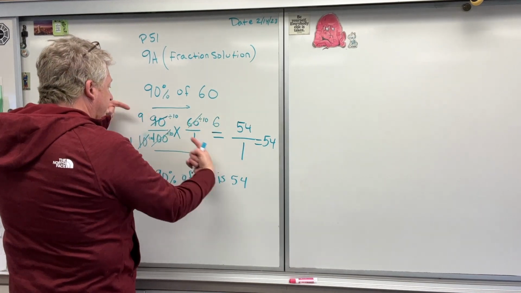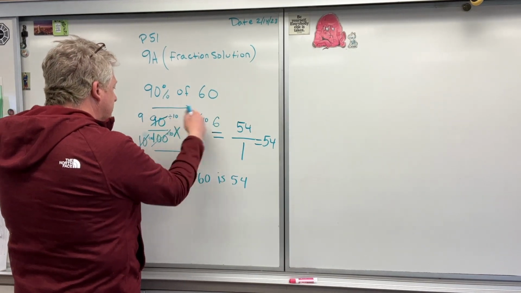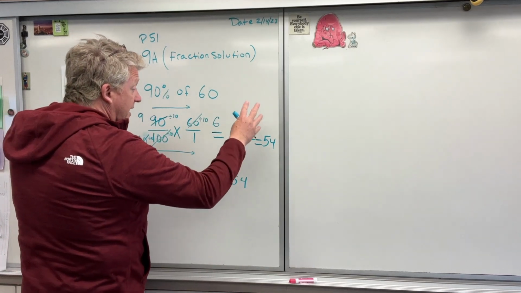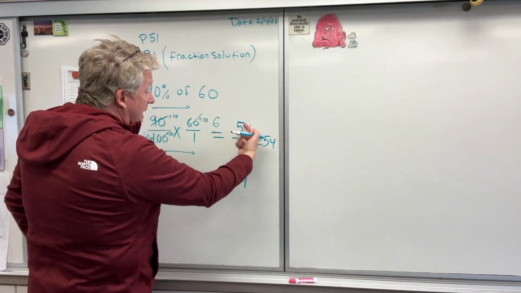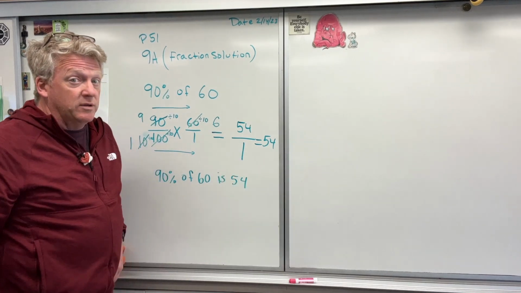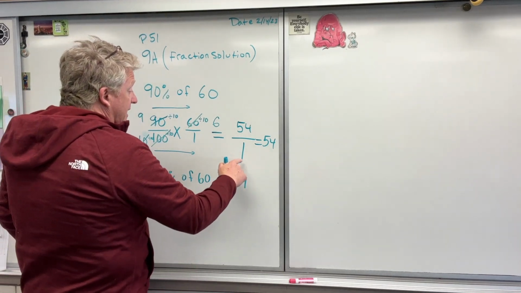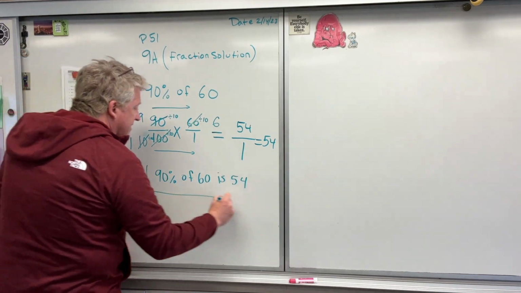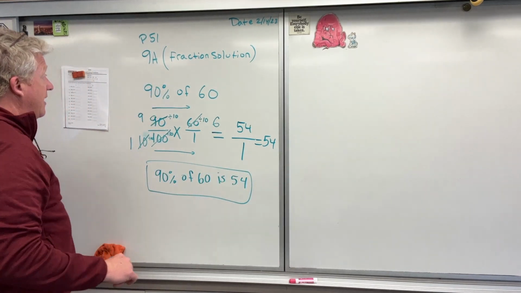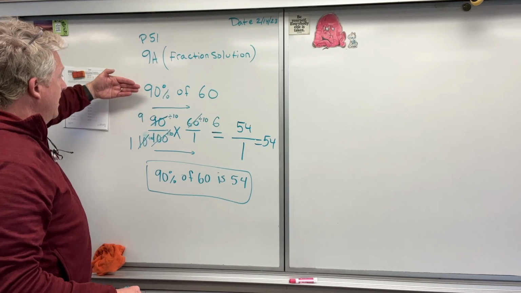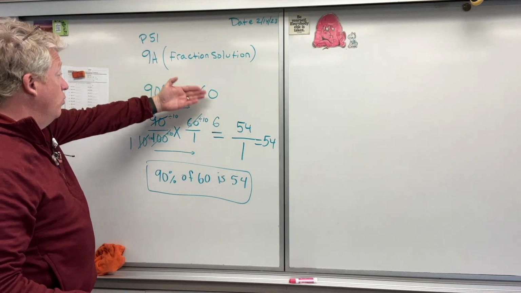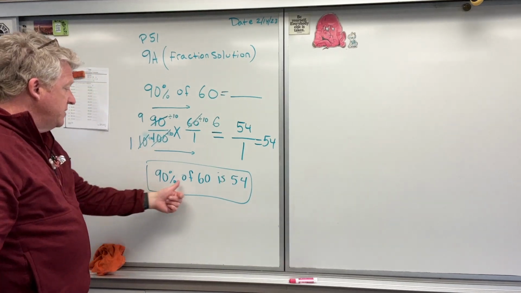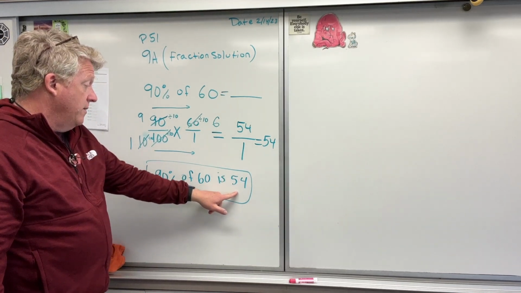If it can simplify, cross-simplify or pre-simplify, I want you to do that, multiply, and then whatever your answer, it might not be over 1. We'll have to see. We'll do another example. If it is, then great. But then I also want to have a statement at the end that goes back to our question. 90% of 60 is what? 90% of 60 is 54.